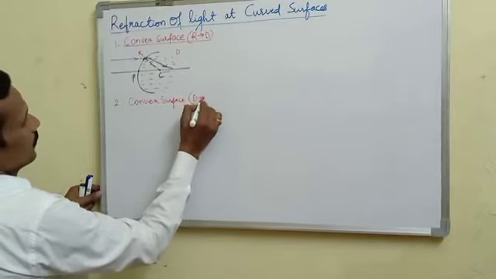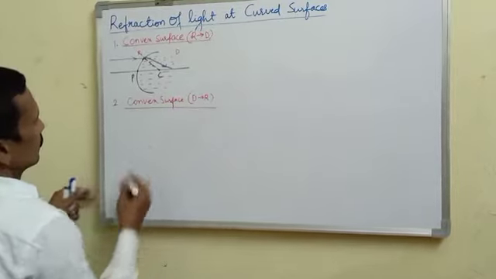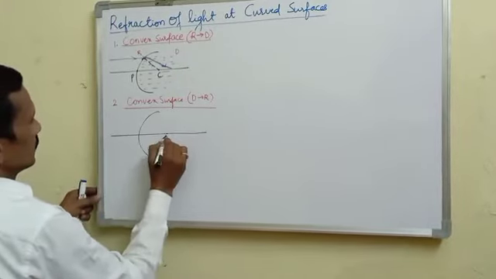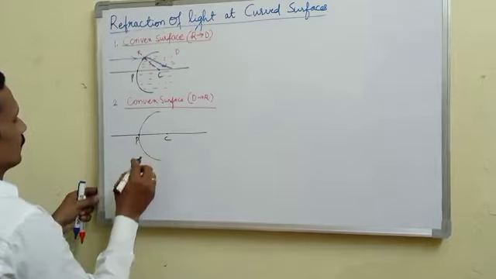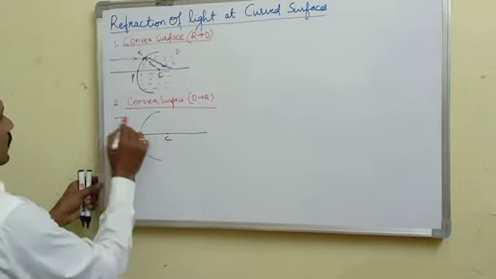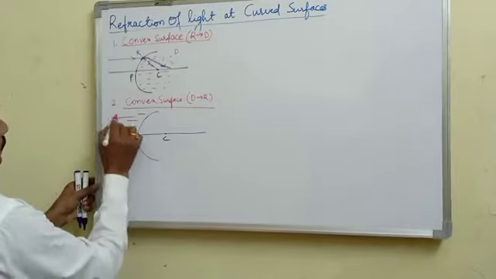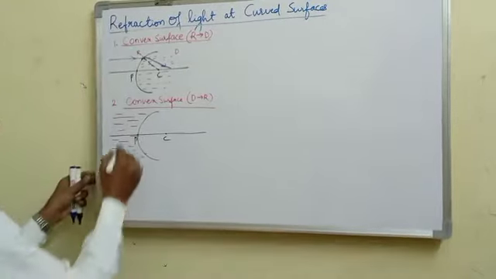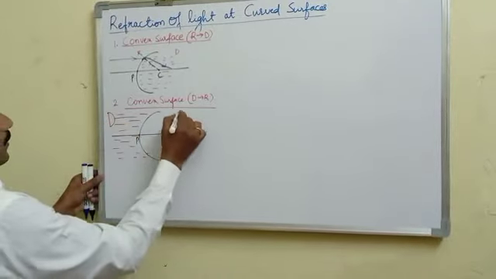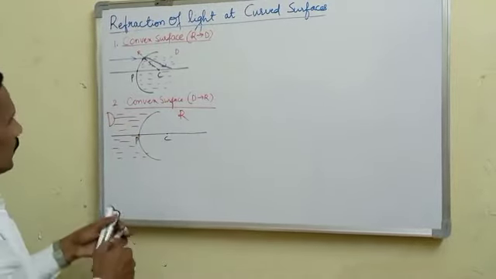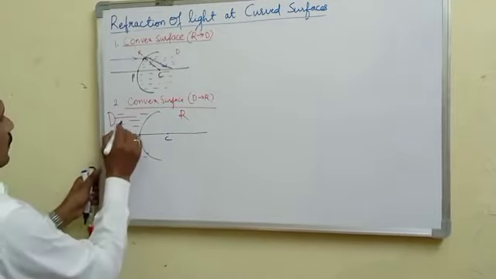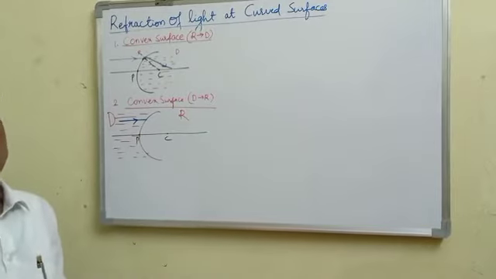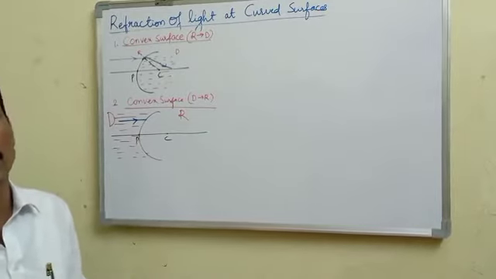Now denser medium to rarer medium. This is the center of curvature, pole. Here it is water, which means it is the denser medium, and this is the rarer medium. When a light ray propagates from denser medium to rarer medium, what happens? It strikes the concave surface.